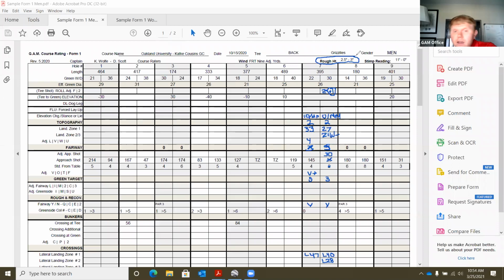Our scratch player green target is 5. So scratch is on the left if you're looking at the chart. And then that gets to a value of 5. And then we use a starting value of 3 for our bogey player for our green target. And we go to the column and we go to 2 to 3 rough height, and that gets us to a 4.